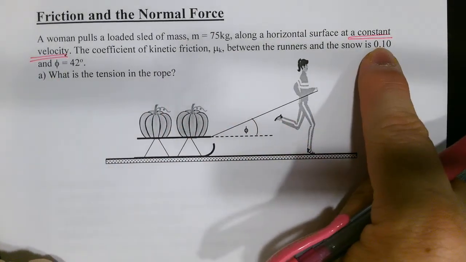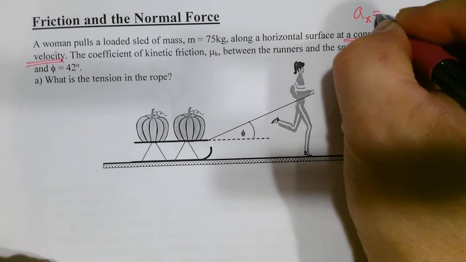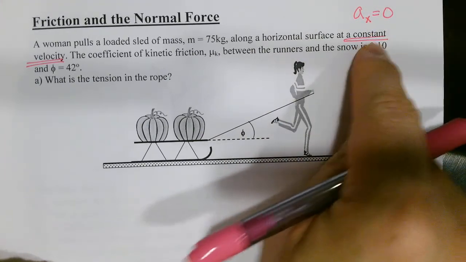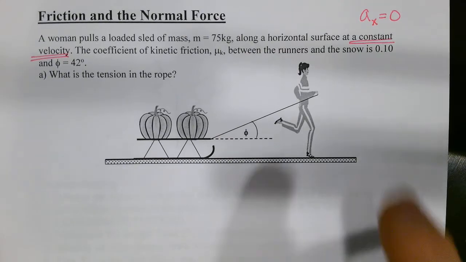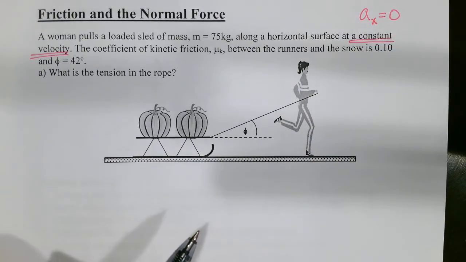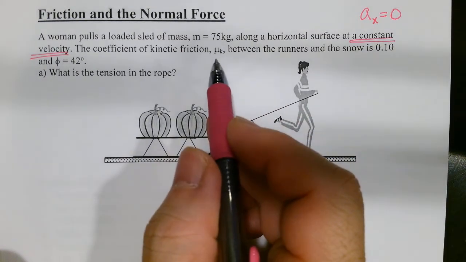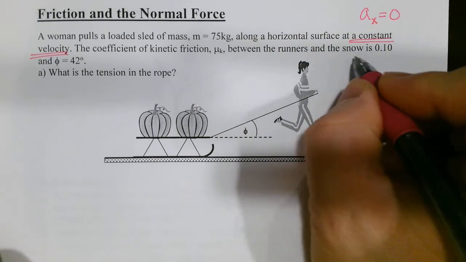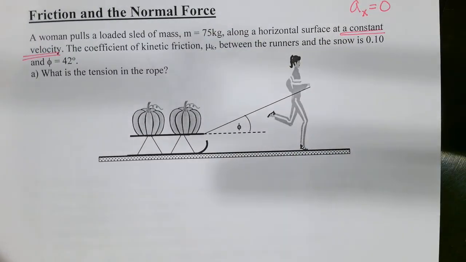That tells us the acceleration in the x direction is equal to 0 because it's moving at a constant velocity. Okay, and that's very, very, very important. Okay, the coefficient of kinetic friction, mu sub k, between the runner and the snow happens to be 0.1, so this is equal to mu sub k.